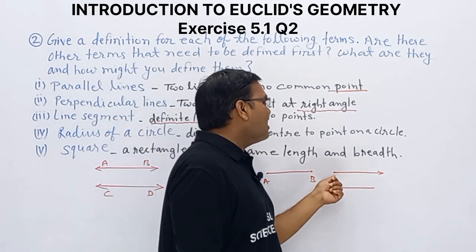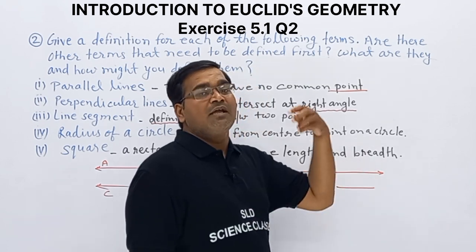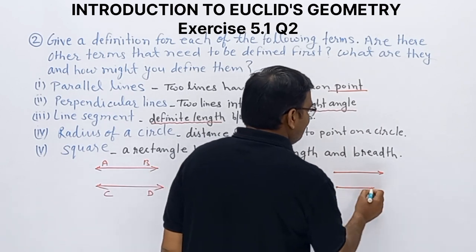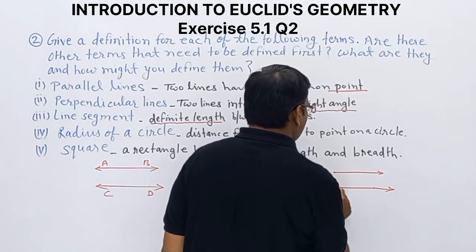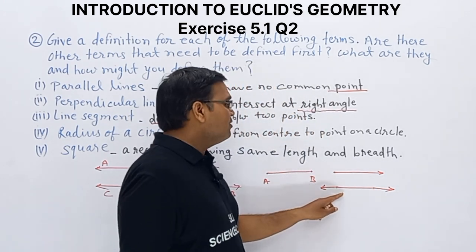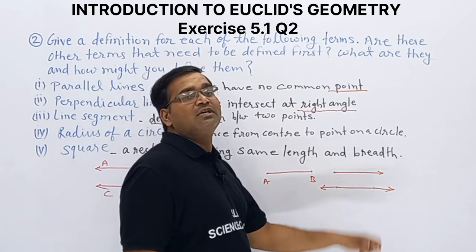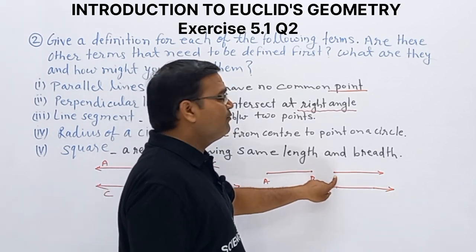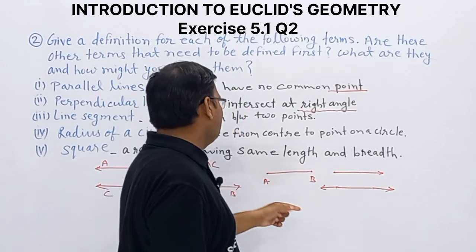In the ray we have one endpoint and another point we can produce indefinitely, but in the line we can produce both sides indefinitely.